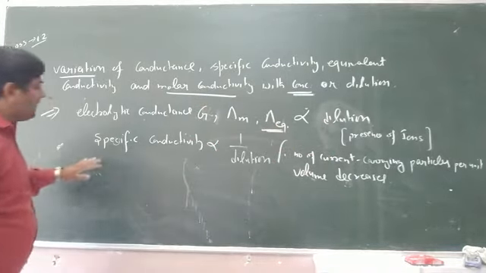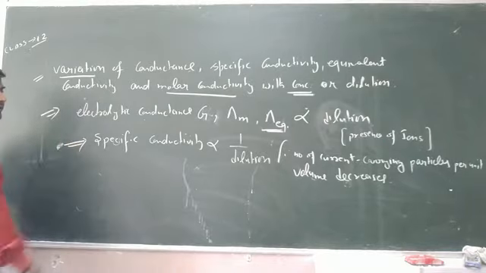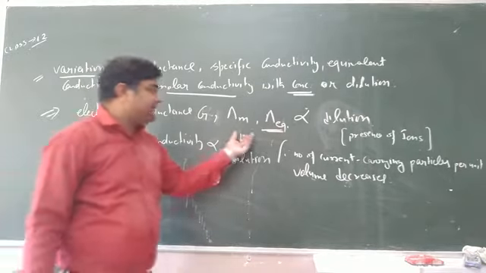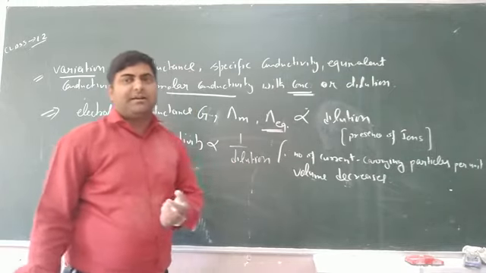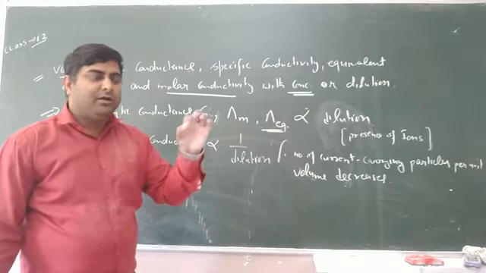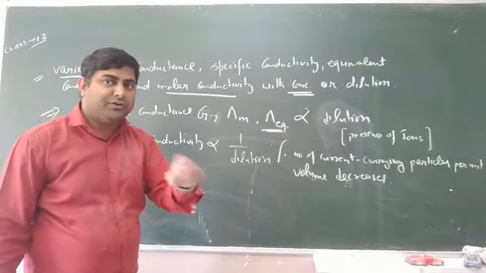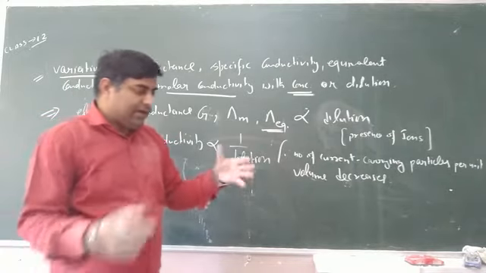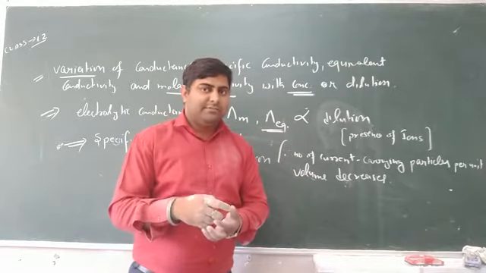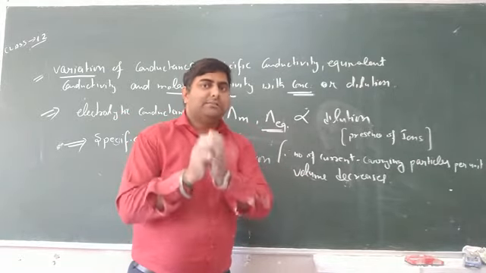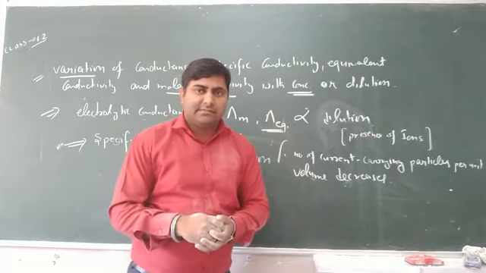On the other hand, specific conductivity, that is kappa, is inversely proportional to dilution, because specific conductivity depends upon the number of ions per unit volume. As dilution is increased, volume increases, but the number of ions per unit volume decreases.